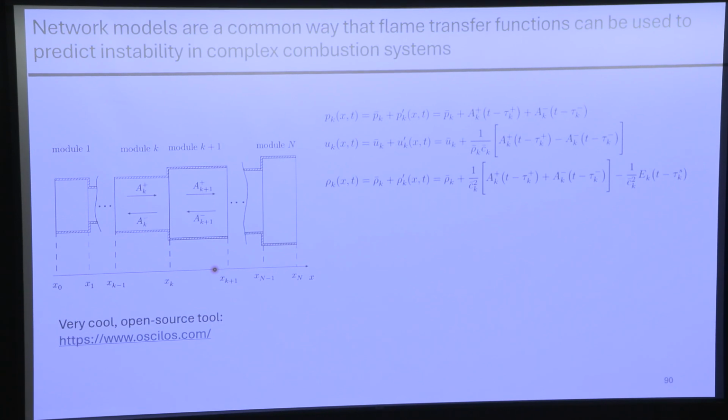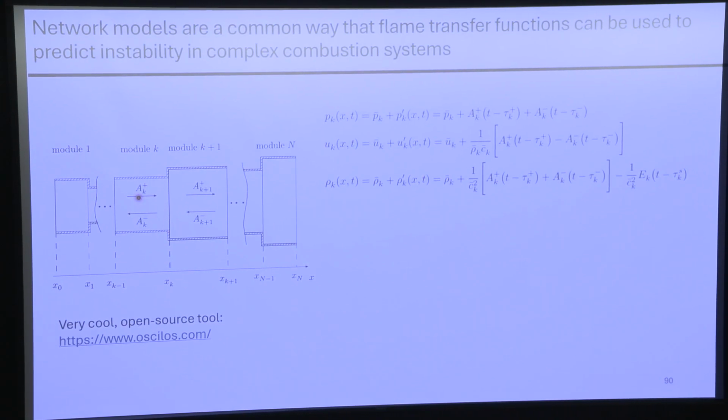So basically what Oscillations does is you create a combustor geometry as a set of modules. So every time there's an area change or a flame, you basically make a different chunk. So it's sort of like acoustic Legos, and you put together chunk by chunk what your experiment looks like with the correct diameters and lengths.